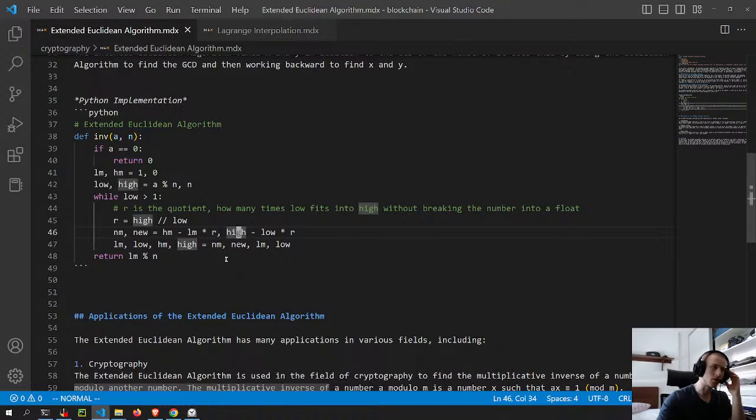Here's the number itself minus low, which is the remainder times the quotient. I don't understand how, like, it doesn't make sense to me. It seems like the videos they're talking about a different equation should determine. The thing is that I don't understand these names here. Like, what are they supposed to be?